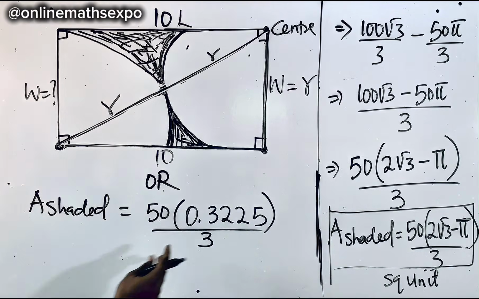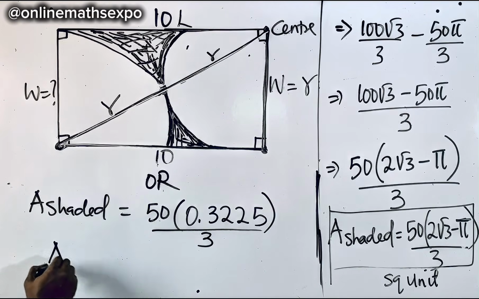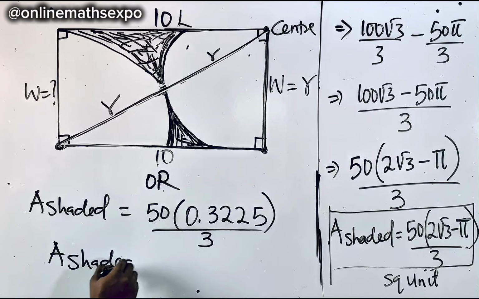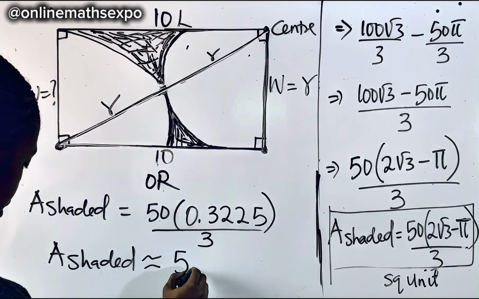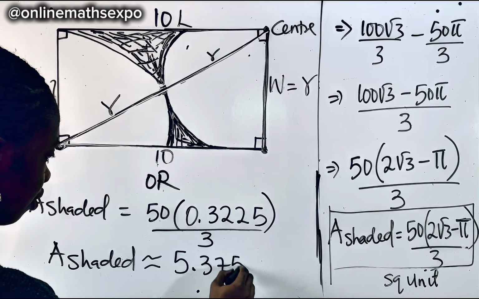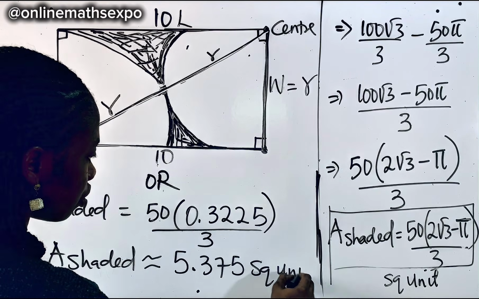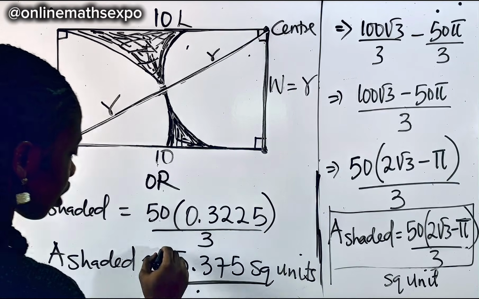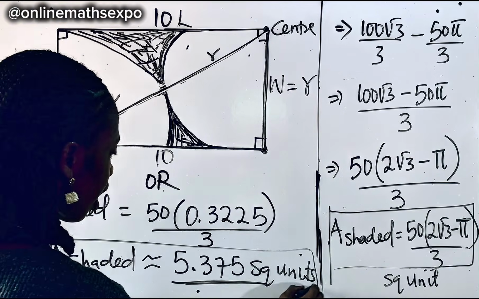Multiply this, then divide by 3, and we have it that the area of the shaded is approximately 5.375 square units. So this is what we have for the decimal value.